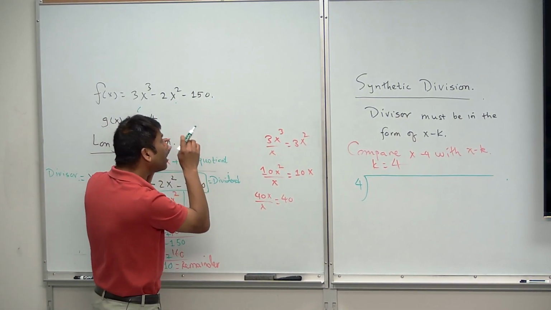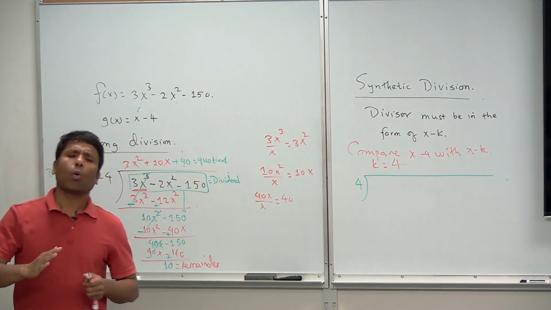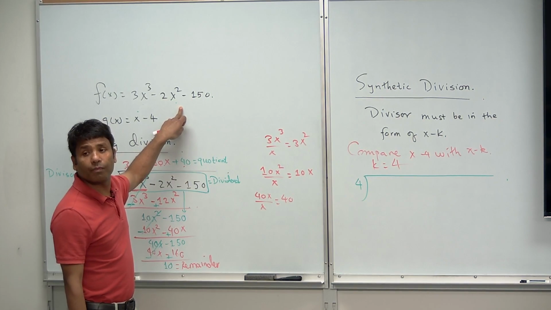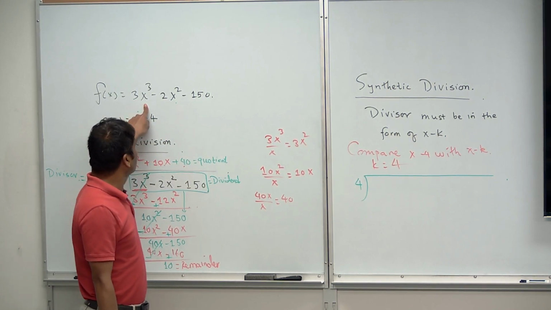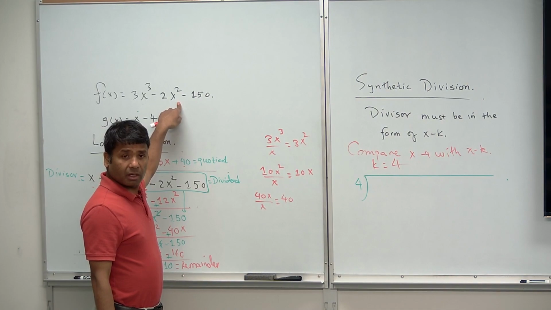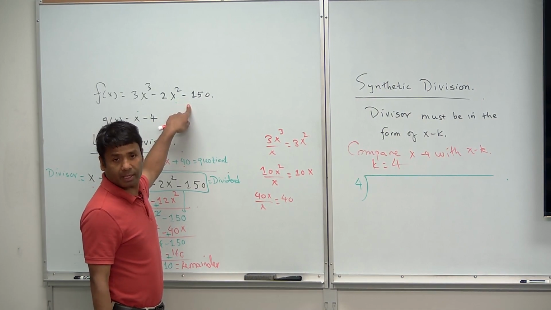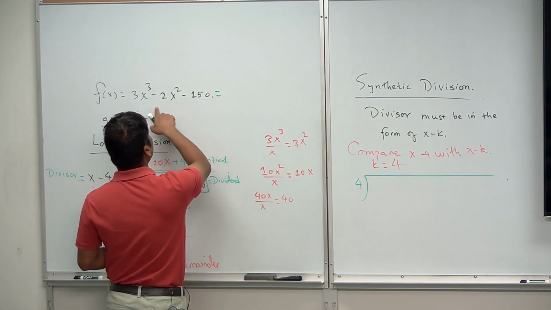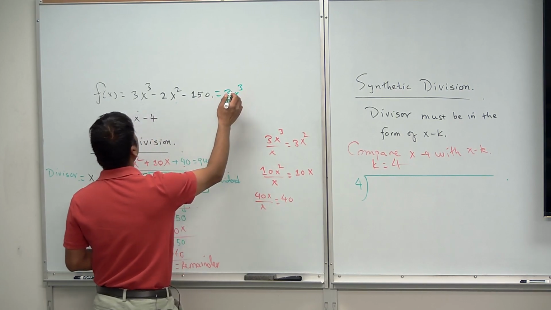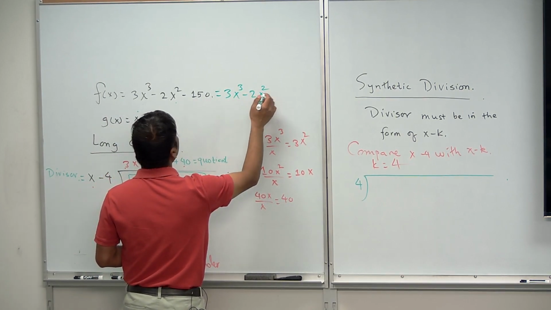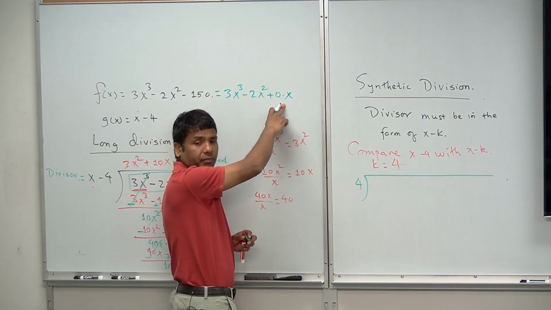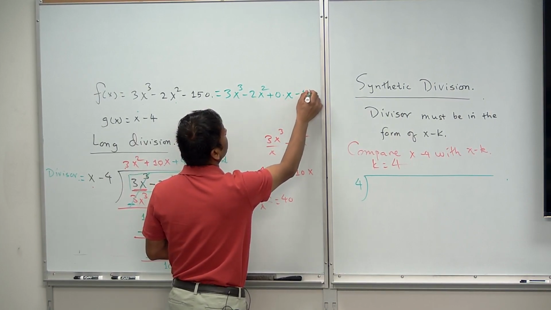Is that right? But you got to be careful here because which term is missing? We have x cubed, we have x squared, so we don't have the x term here. Right? The x term is missing. So now what you can do here is you can rewrite this as 3x cubed minus 2x squared plus 0 times x, which is 0, minus 150.